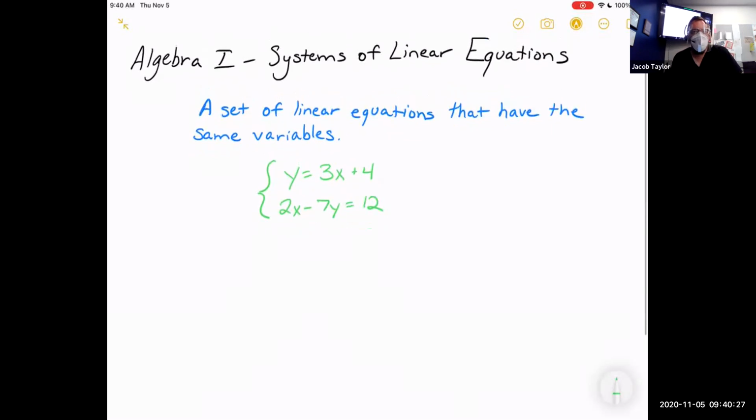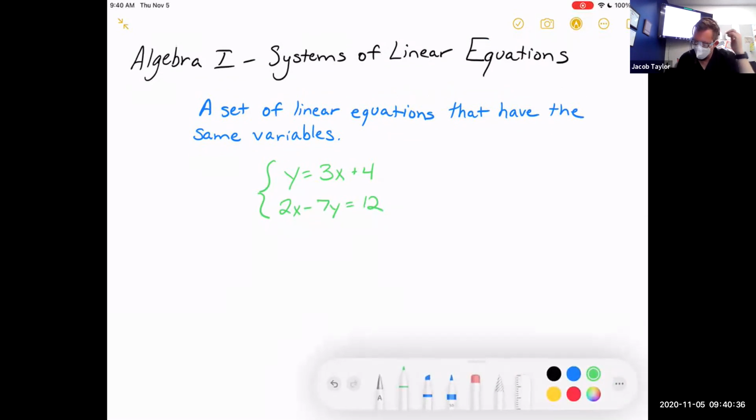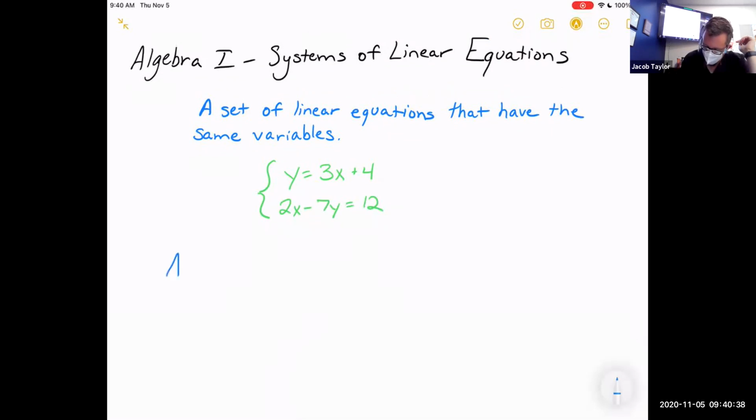So if I give you a system of linear equations like this, and I ask you to solve it, what am I talking about? What is a solution to a system of linear equations?